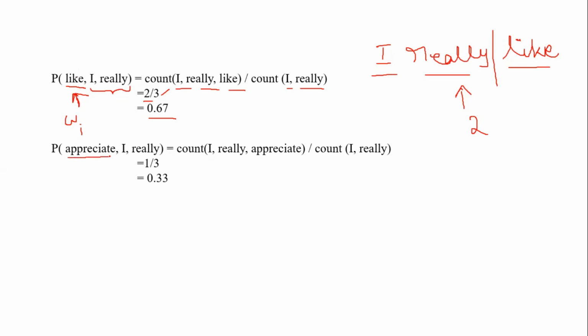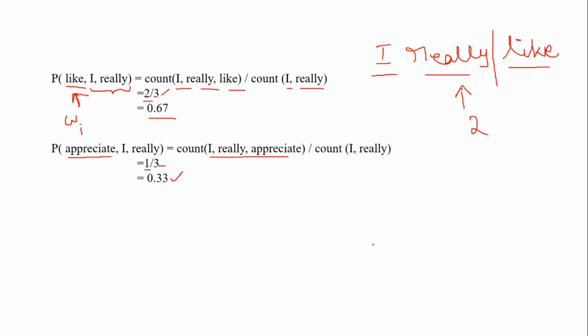Now find the probability for "appreciate" also, just like before. In the corpus, "I really appreciate" occurred only once, so that value becomes 1 divided by the count of "I really", which occurred thrice, so that value is 3. It gives you 0.33. That is, 33% of the times "appreciate" will be the next word after the words "I really".